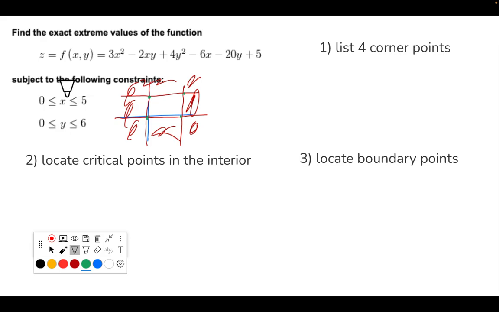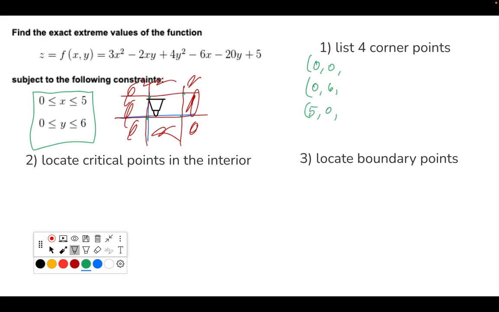Okay, corner points. Those all come from the constraints here, right? So I can see 0, 0 is 1. And I'm going to leave room for a z. I'm going to calculate that z value, but I'm going to get all the points first. This point up here would be x is 0, y is 6. Then this one, x is 5, but y is 0.